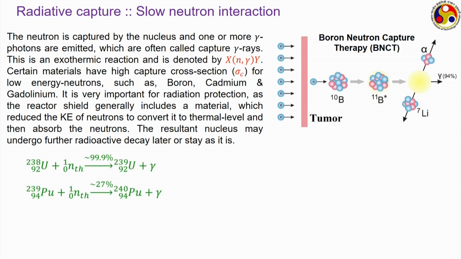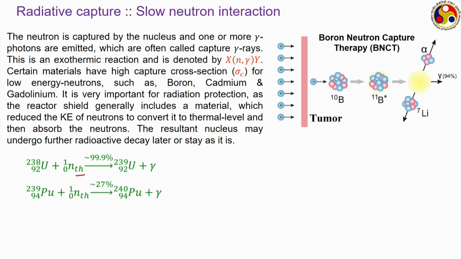There can be other examples like uranium 238 absorbing a thermal neutron. Here this TH subscript refers to thermal, that is, we are talking about a neutron which has been thermalized with respect to the surrounding and is having an energy of just 0.025 electron volt. So, when such a neutron strikes a uranium 238 isotope, there is nearly 100% probability that it will be captured there, leading to the formation of uranium 239 and gamma emission.